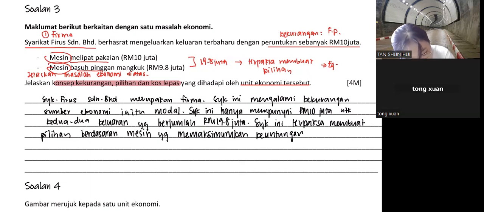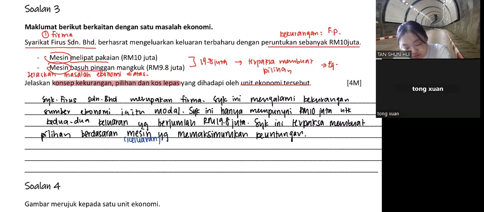Okay, of course you can also write berdasarkan keluaran yang memaksimumkan keuntungan. Because they write machine, then I write machine. Now you have explained already.